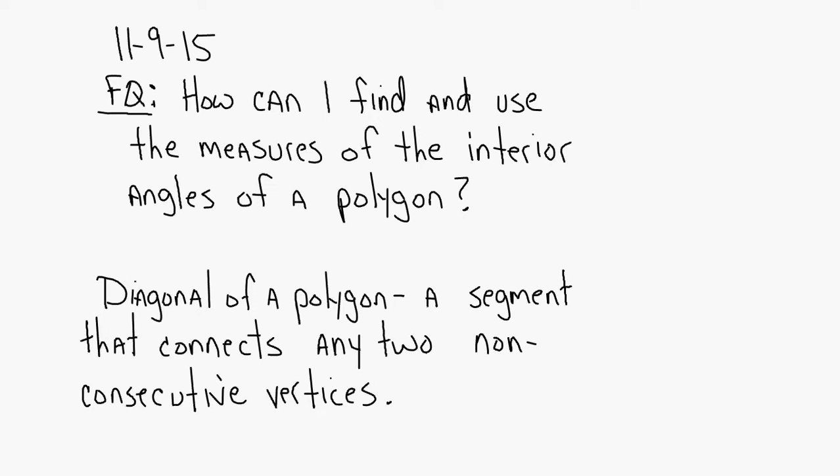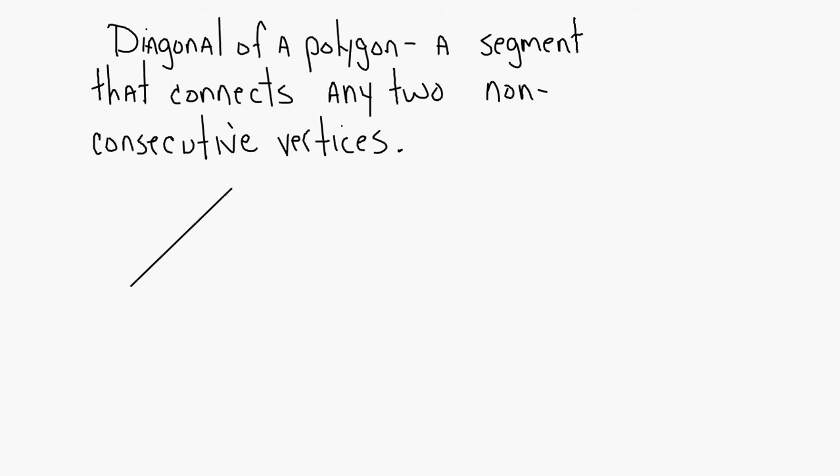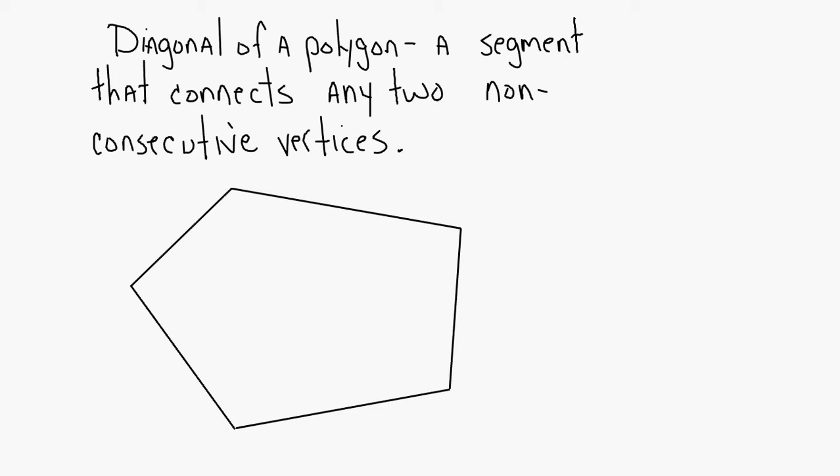Diagonal of a polygon. It's a segment that connects any two non-consecutive vertices. So if you're given a polygon, all right, 1, 2, 3, 4, 5-sided, so it's a pentagon.